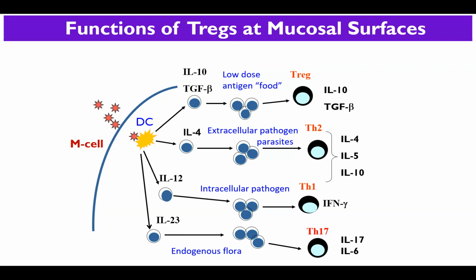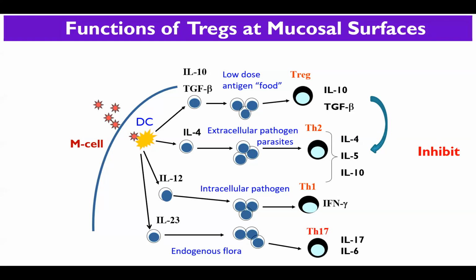Folks who have Crohn's disease have a perturbation or imbalance, a hyperactive gut. What happens is that the presence of Tregs mediates secretion of significant amounts of immunosuppressive or anti-inflammatory molecules such as interleukin-10 and TGF-beta.